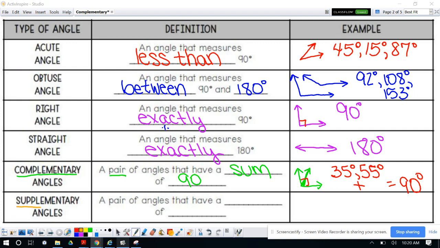Supplementary angles, again, it's a pair of angles that have a sum of 180 degrees. So that means when you add them together, they make a straight angle.